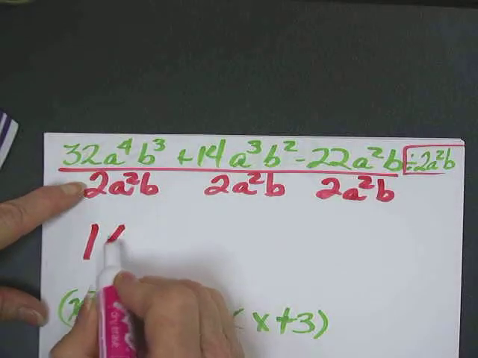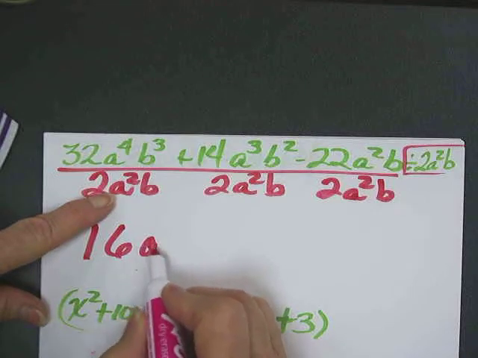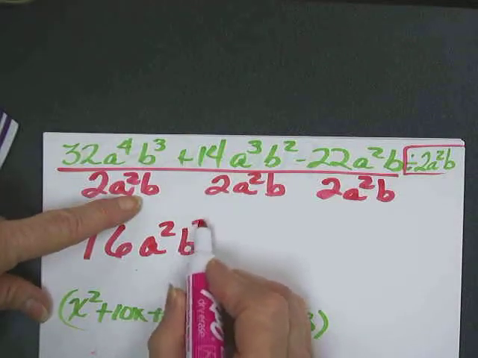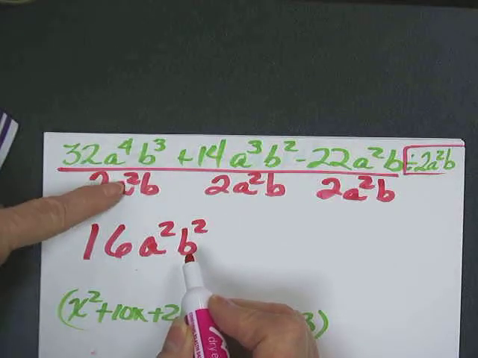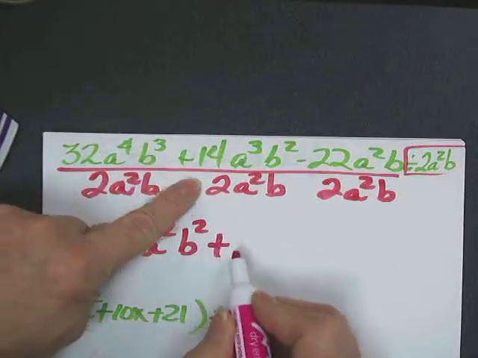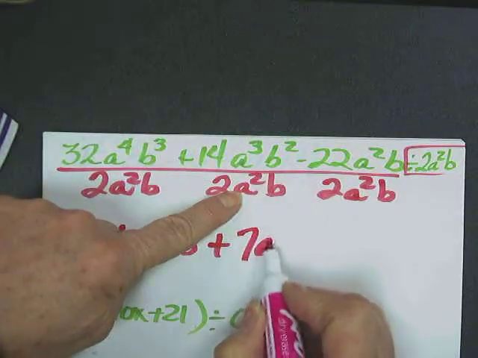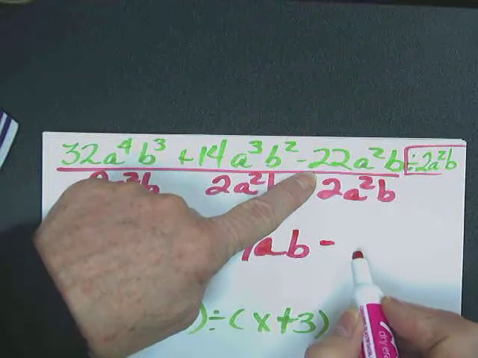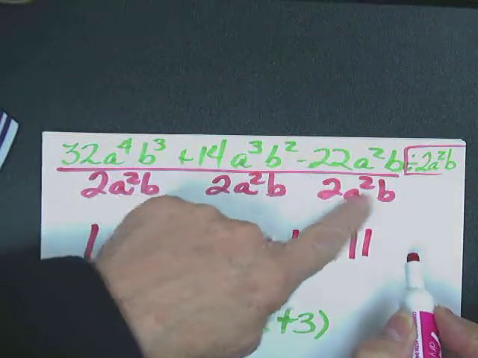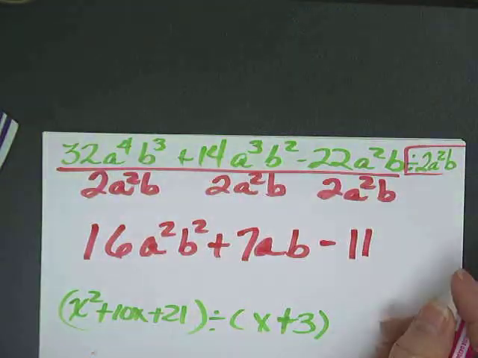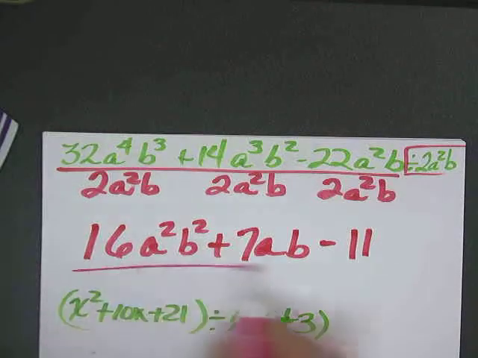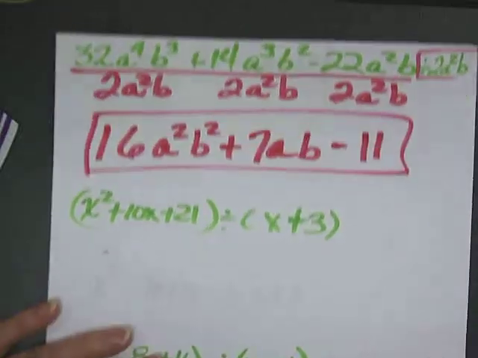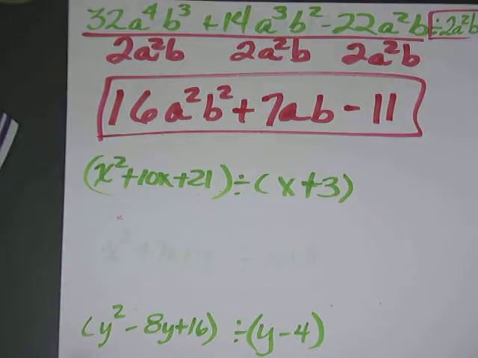Okay, first term. 16, a squared, a squared, b squared, b squared. So do 3 minus 1, you get 2. 4 minus 2 is 2, like that. Plus 7ab. Minus, no a's, no b's. Okay? Questions over that? Okay.